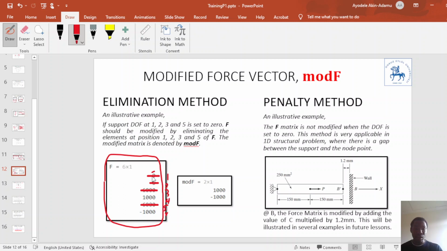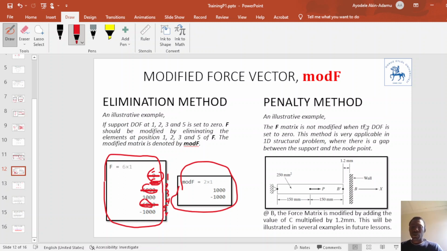So at 1, at 2, at 3, and at 5, these elements will be eliminated, and it will only remain 1000 and minus 1000. The remainder is the modified F matrix, which is given here as a 2 by 1 matrix, with elements 1000 and minus 1000.